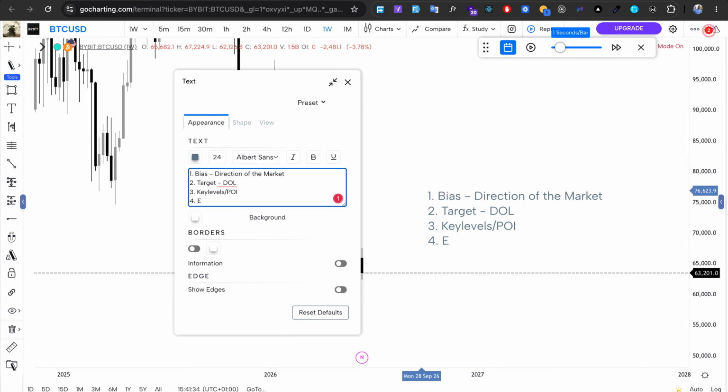So I can call it entry criteria or confirmation, or entry model.